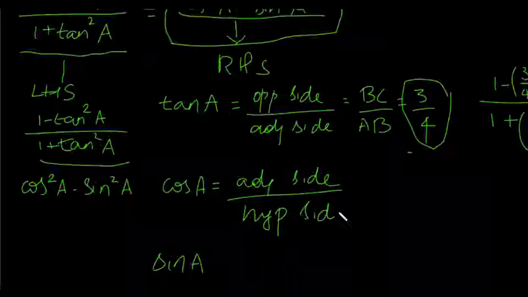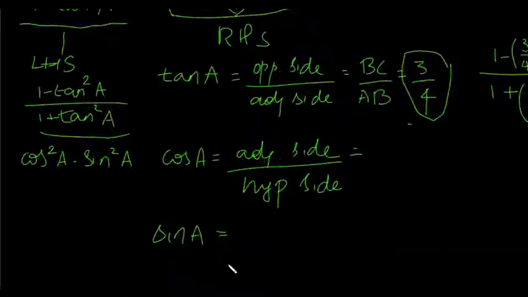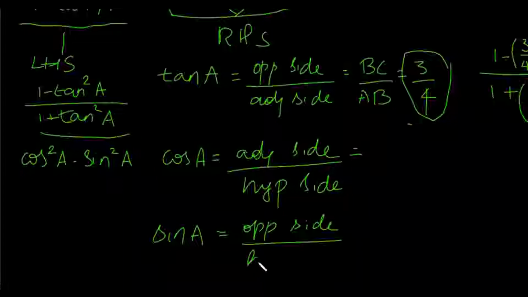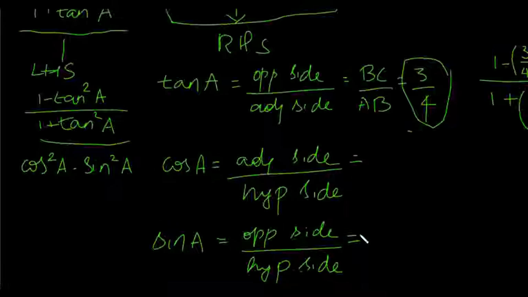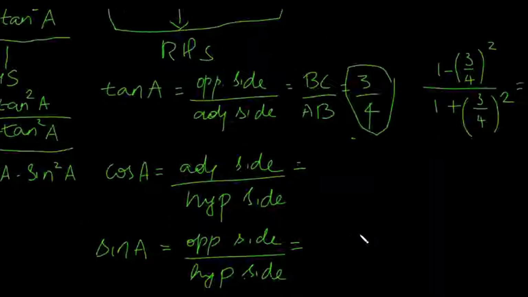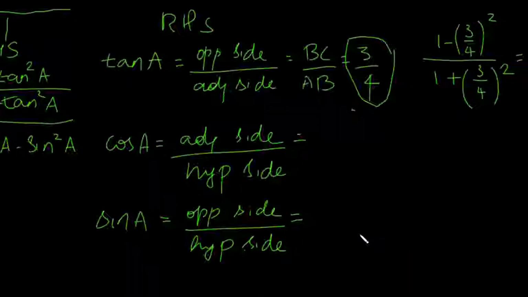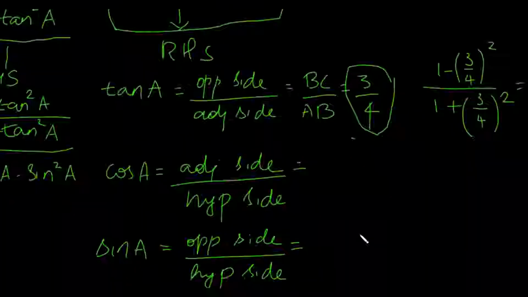For sin, the trigonometric ratio is going to be the opposite side divided by the hypotenuse side. So now let's just find the values in our diagram. So the adjacent side for cos and the hypotenuse side.